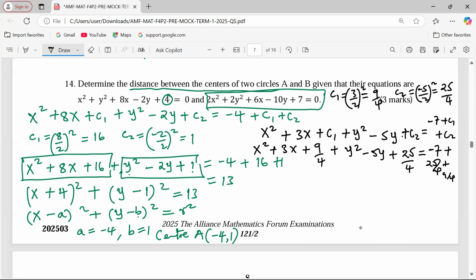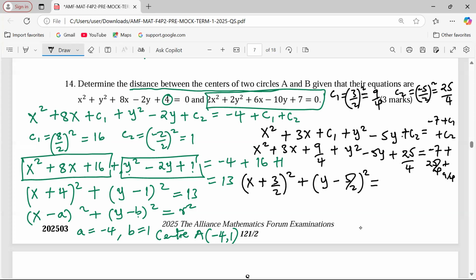So we factorize the x component. x, the sign which follows is a plus, square root of the constant 3 over 2. We square this. We add y, the sign which follows is a minus, 5 over 2 squared equals, let me compute this, minus 7 plus 25 over 4 plus again 9 over 4.